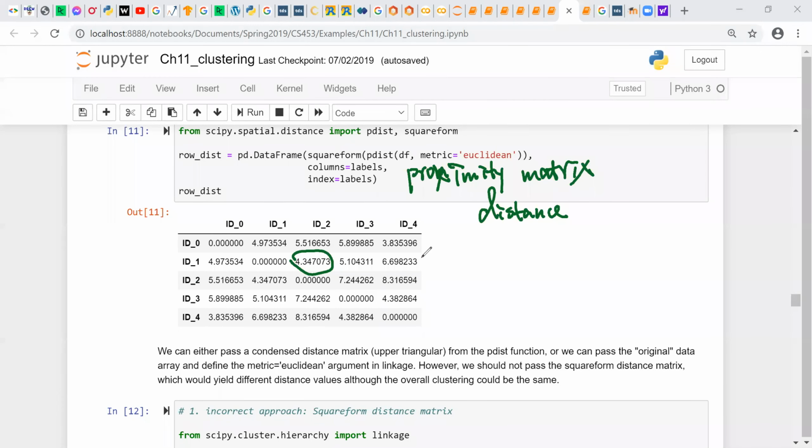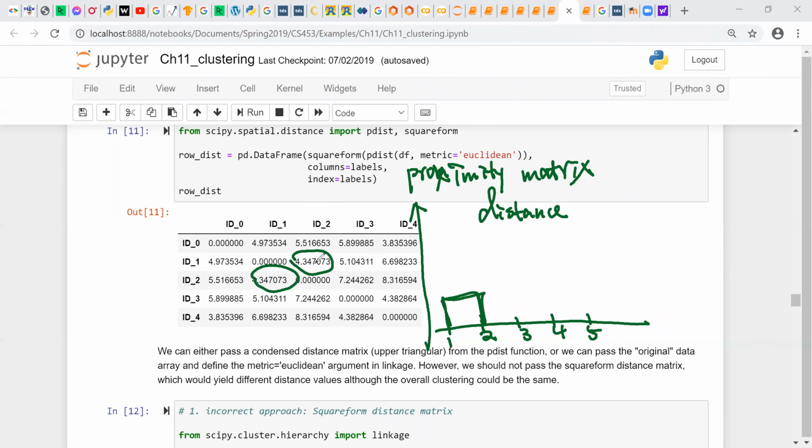In this case, the smallest is between 1 and 2. Here is sample 1, sample 2, sample 3, sample 4, sample 5. So the first will be these two, and here you have the distance. You can cluster these two together, and then keep going.